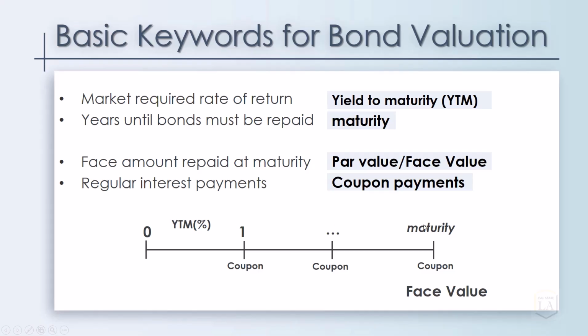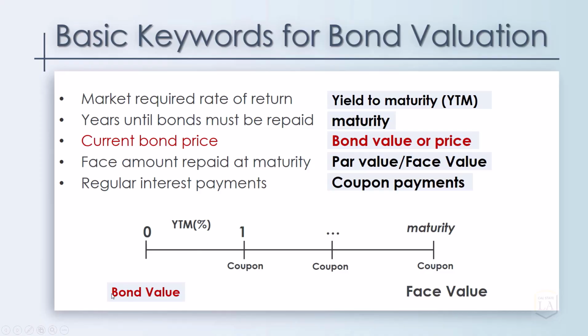With all these keywords and ingredients given, when you are valuing a bond, you would be looking for how much you will have to pay for it right now, which is figuring out the bond value, or the present value of all of these cash flow streams. So the current bond price is called bond value or price. And as you saw before in Chapter 4, this is located at time 0, so this is like figuring out the present value of all these cash flow streams.